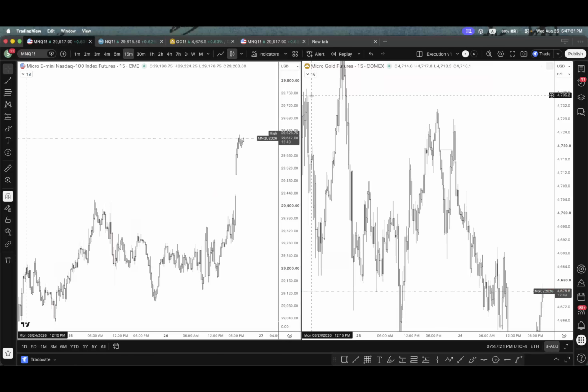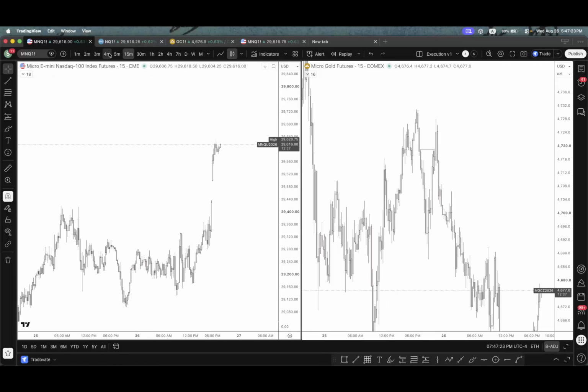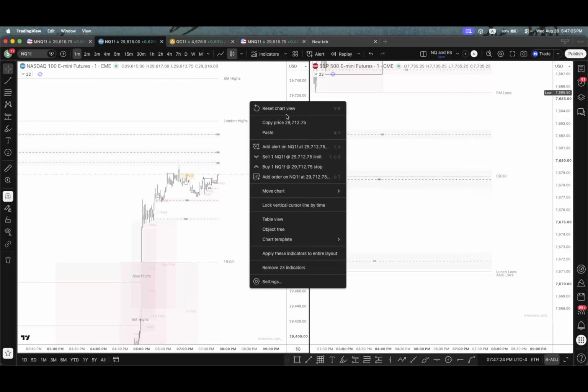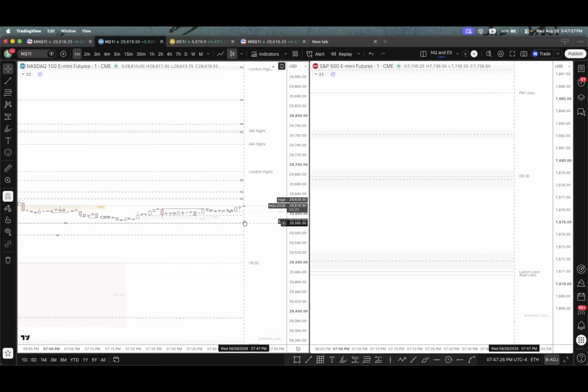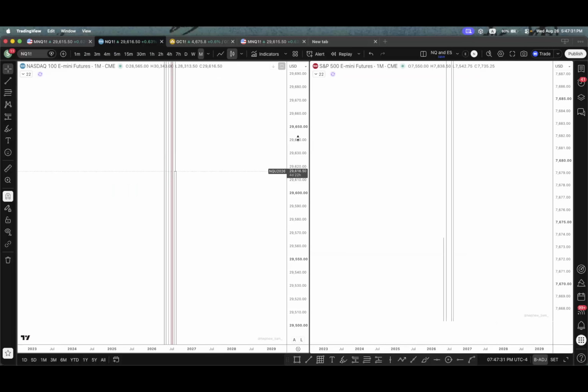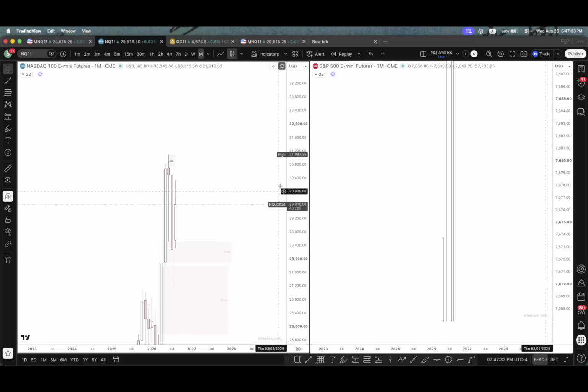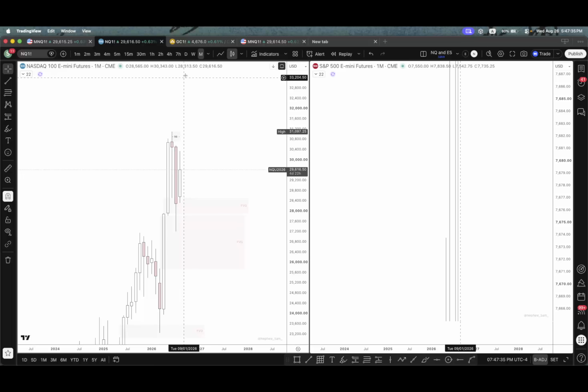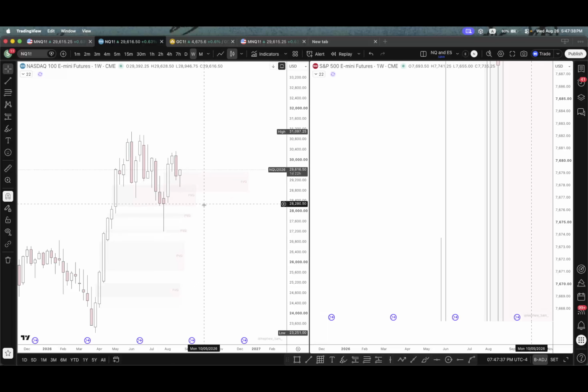So first thing we do is go to the main charting layout. Then first thing is the monthly time frame, bullish, bullish.